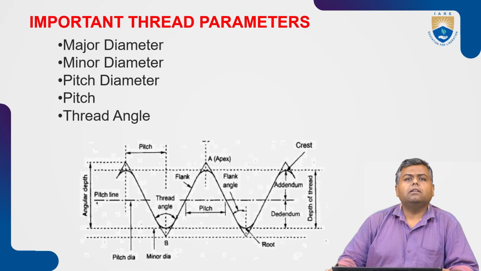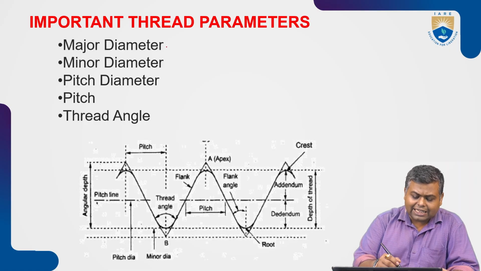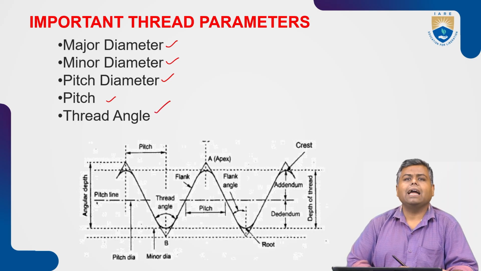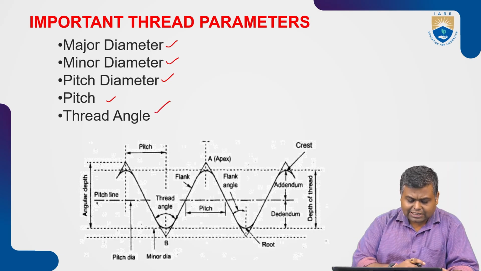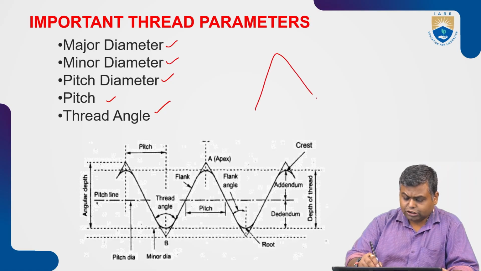So let us see the important thread parameters. The major parameters which are measured with respect to screws are major diameter, minor diameter, pitch diameter, pitch, and angle of the screw or thread angle. If you see the sketch, we have a thread profile in this fashion.